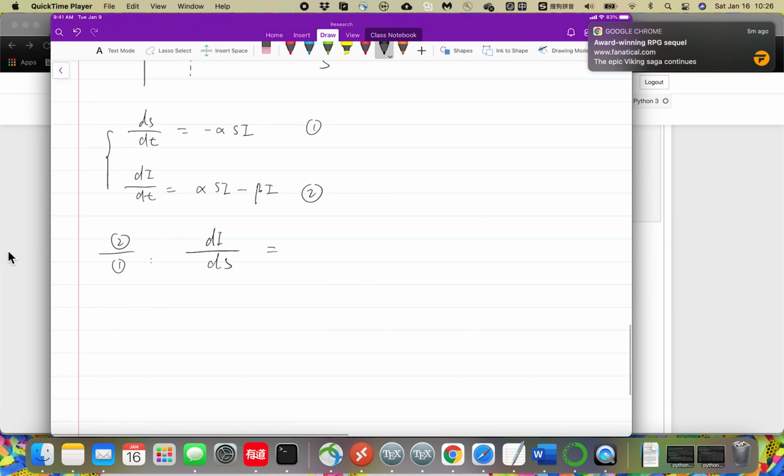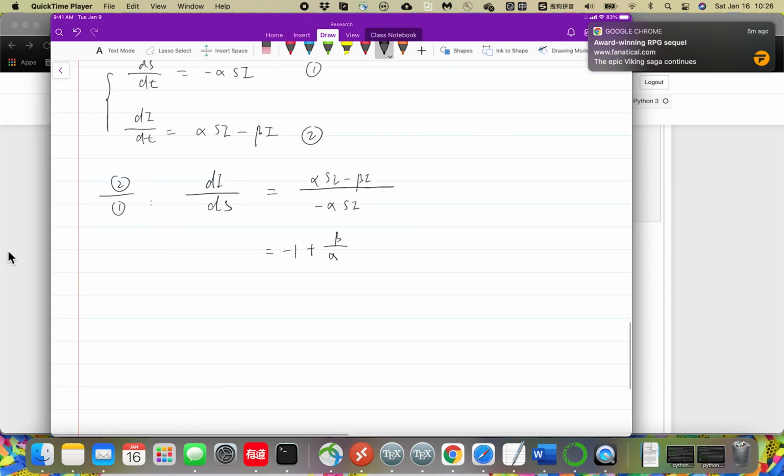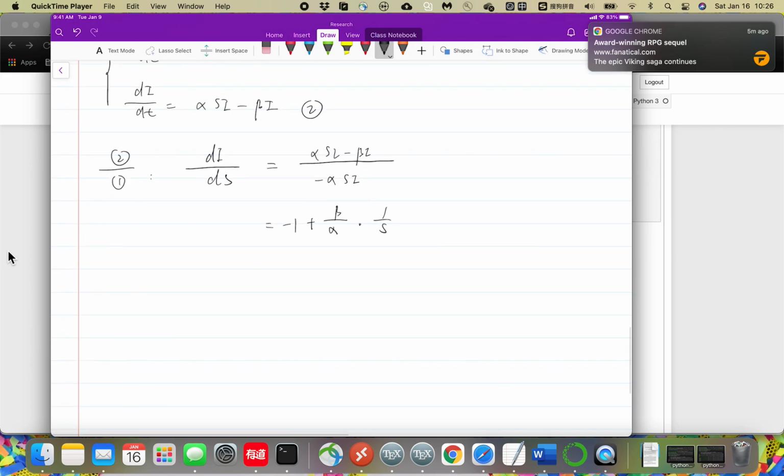The good news is every single term has an I. So the first one actually got cancelled. Let me write it out for you to see. The first one is negative 1. The second one is going to be plus beta over alpha s, or more precisely, beta over alpha, which is a number, times 1 over s. Okay.